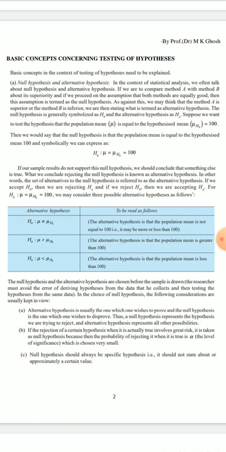If we compare method A with method B about its superiority, if we proceed on the assumption that both methods are good, then this assumption is known as null hypothesis.